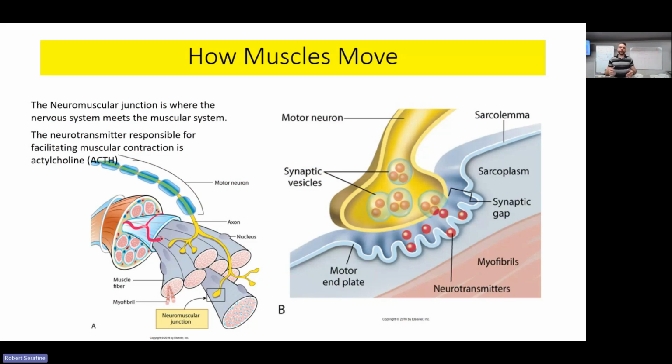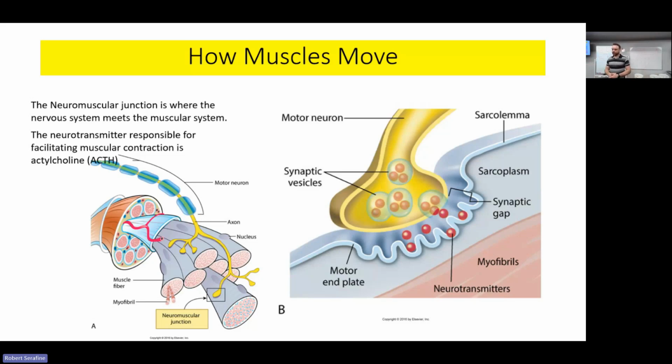Well, a motor nerve specifically will reach out to a muscle fiber with its little synaptic bulb and reach a point in the sarcolemma where there's a folded section called the motor end plate, and the bulb is going to release the neurotransmitter called acetylcholine into that gap, which then will bind to receptor sites and produce the contraction of the muscles themselves, which then we look at as sarcomeric contraction, where actin and myosin pull towards each other, and the actin pulls towards the myosin and creates the shortening of the sarcomere along a long chain, and so on and so forth.